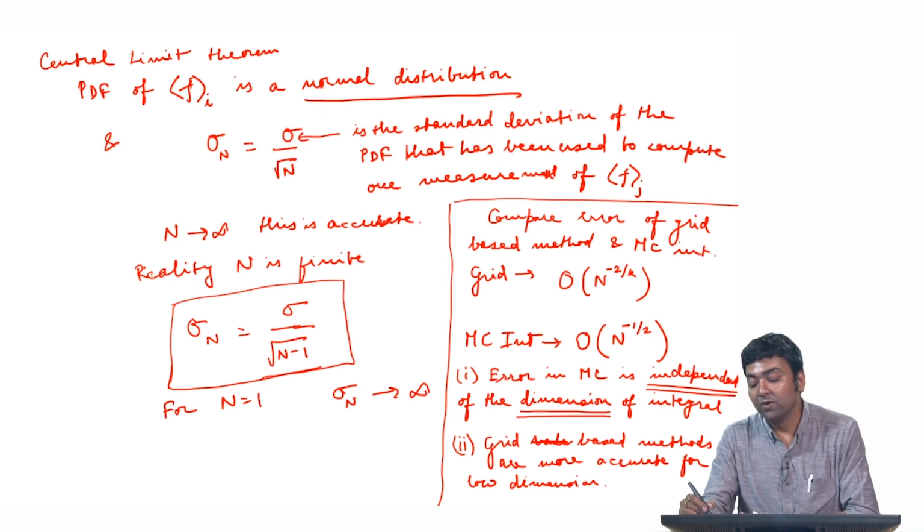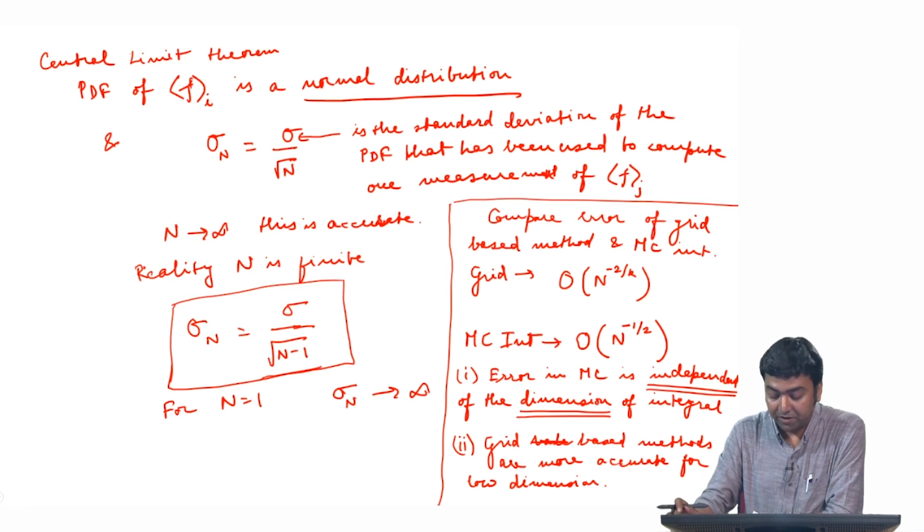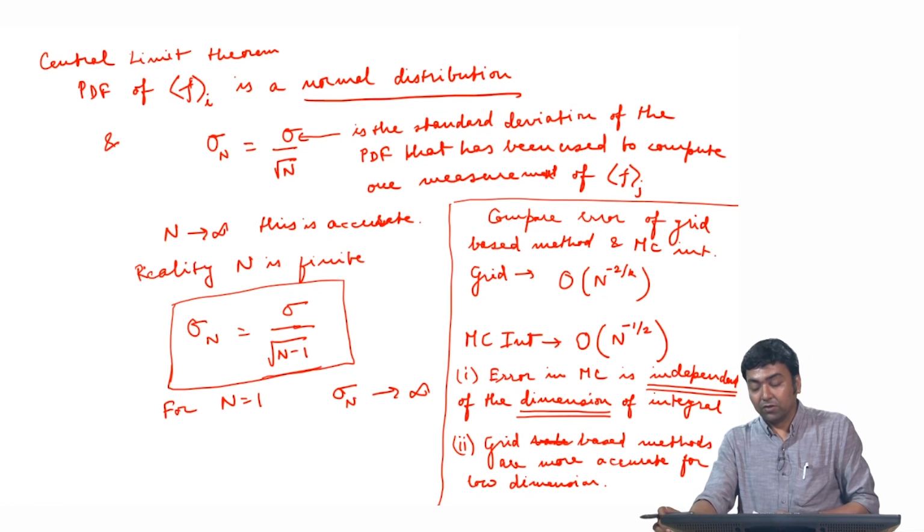For example, if you consider k equals 1, that is, a one dimensional integral, my error is much smaller for the grid based method compared to Monte Carlo integration. Okay. So far so good.